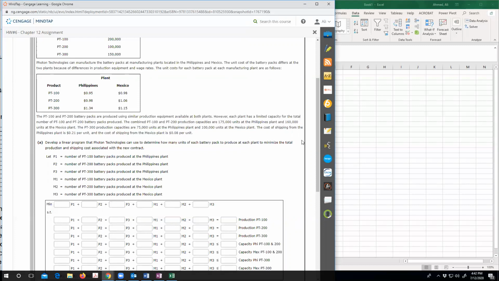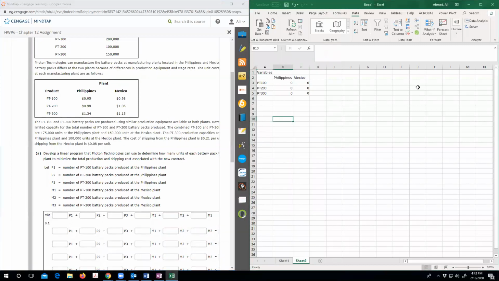So I think what we have to do here is make another table, which is just for the cost, because I will need this in my computation.